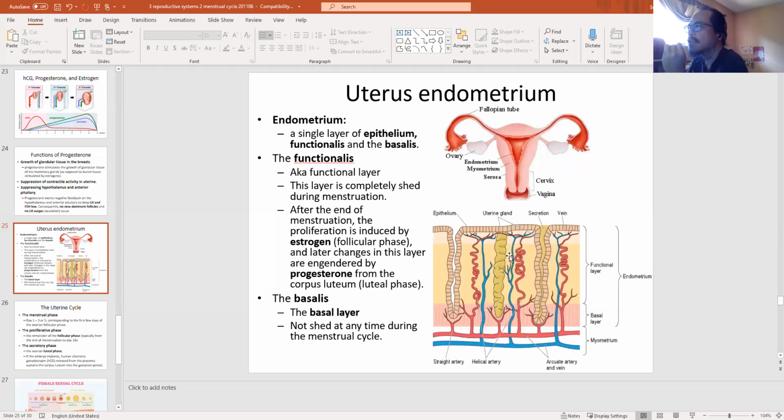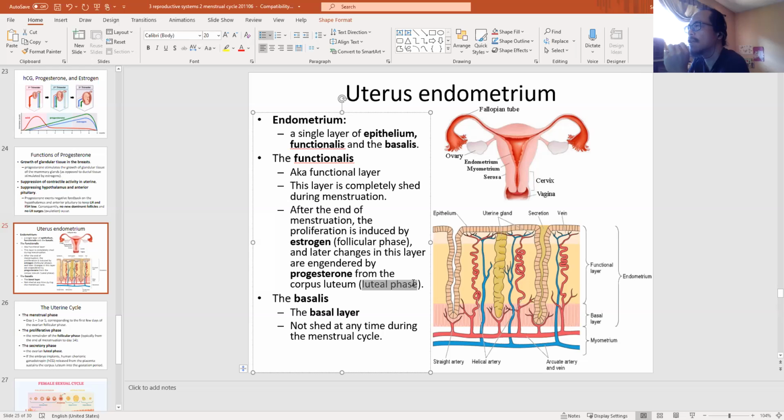The functional layer contains blood vessels and granule, and their development is triggered by these two hormones: estrogen during the follicular phase, progesterone during the luteal phase. Estrogen is produced by the granulosa cells, and in the later stage by the granulosa cells from the dominant follicle.